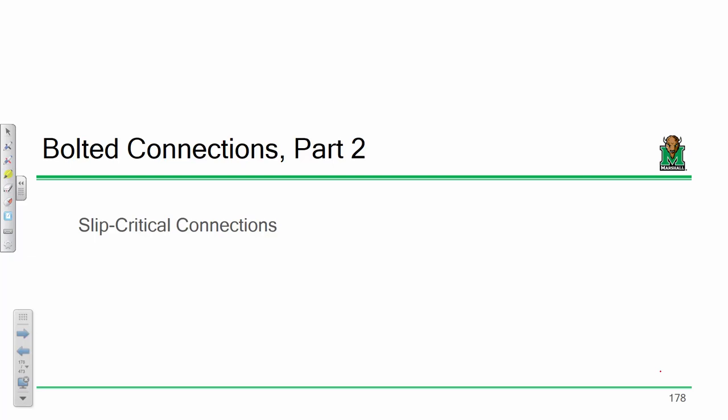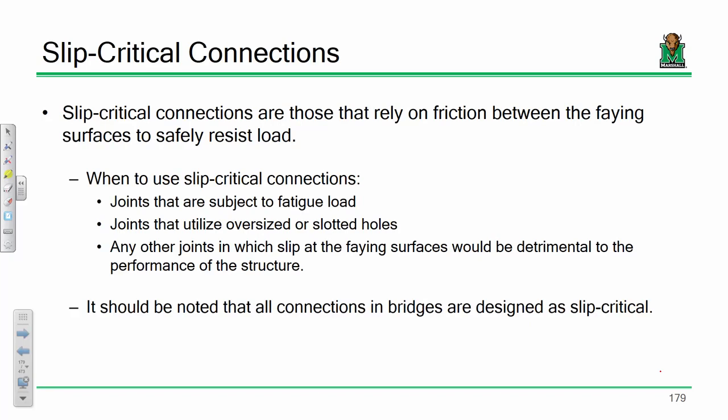Let's talk about slip critical bolts. Let's talk about slip critical. Okay? Now, a slip critical bolt is a little different. Up until now, what we've been talking about is, we have plate A, plate B, we stick a bolt in it and we tighten it, but we're not worried about how tight it is.